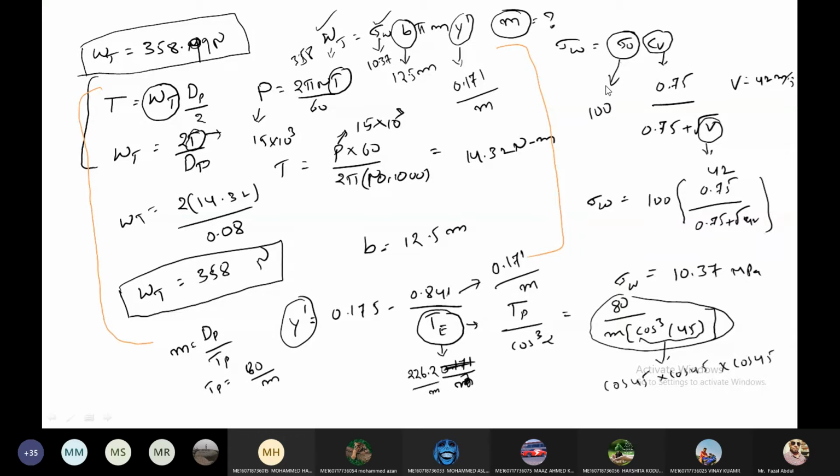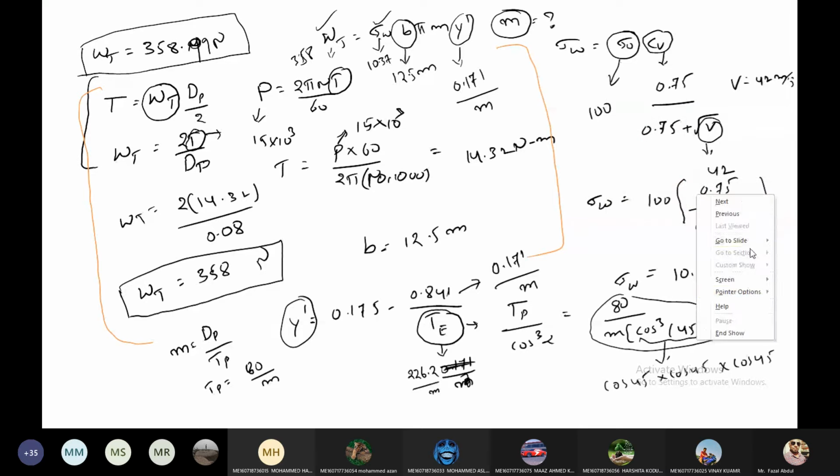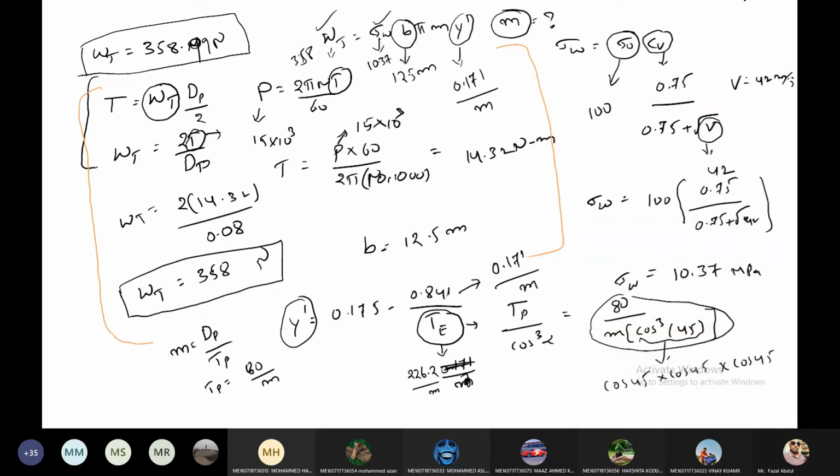Now tell me the module. How much is the module value? So everything is written on the screen. Tangential load is 358.